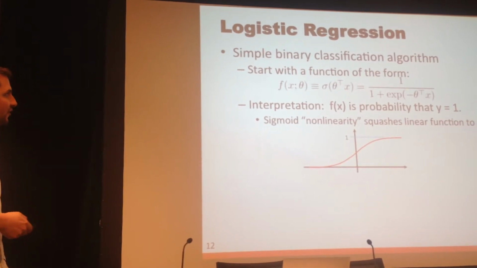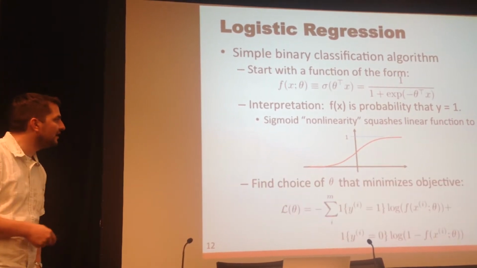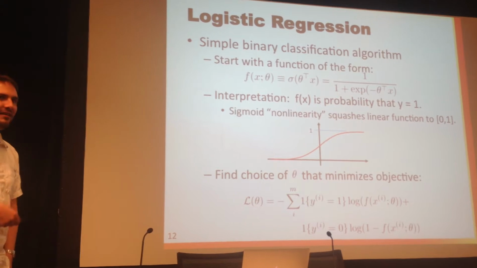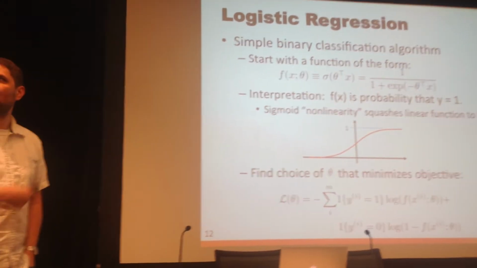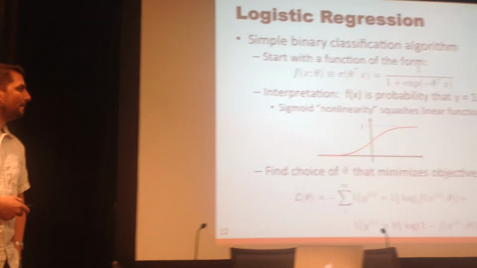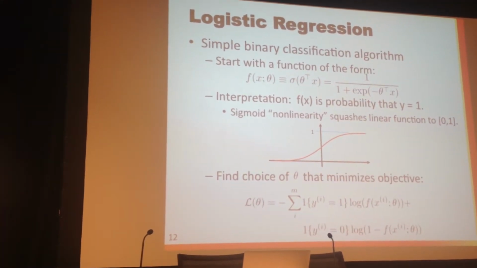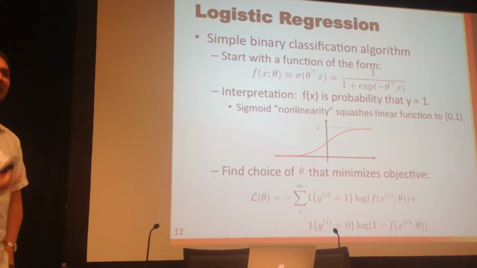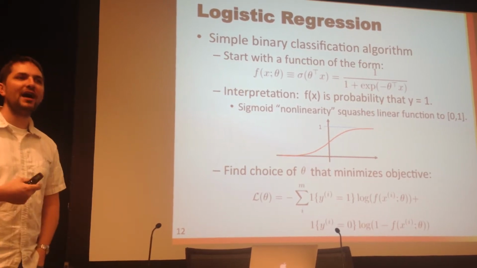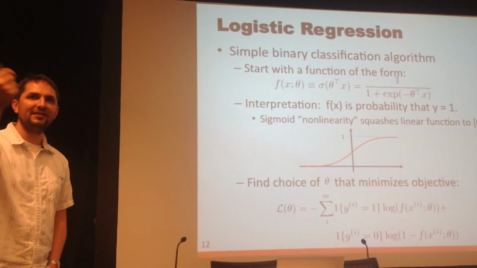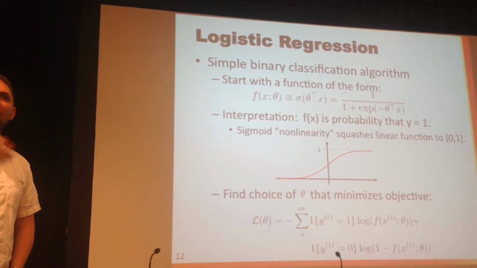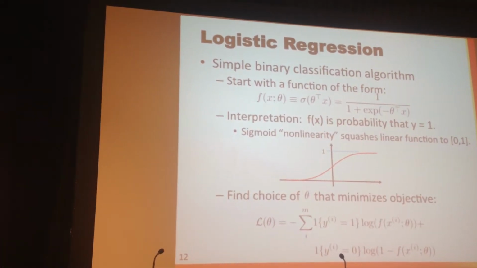So our job now is actually going to be to minimize an objective function. I'm not going to go through where this thing comes from, but just take my word for it that this function of theta tells me how well f fits my data set. It tells me how well f is able to predict the labels y on the training examples that I've collected.